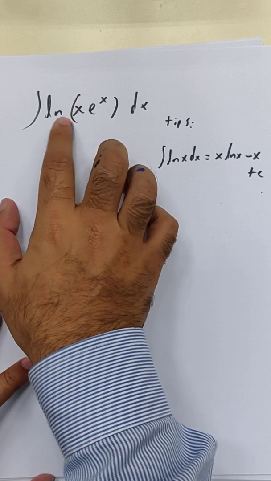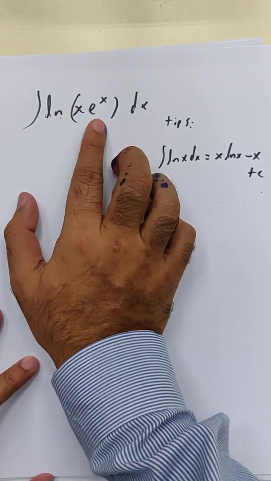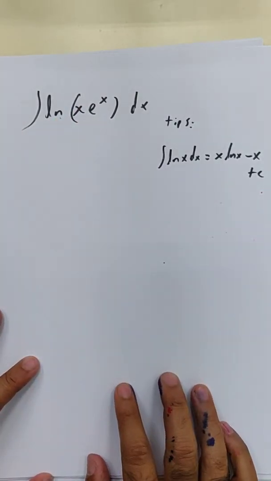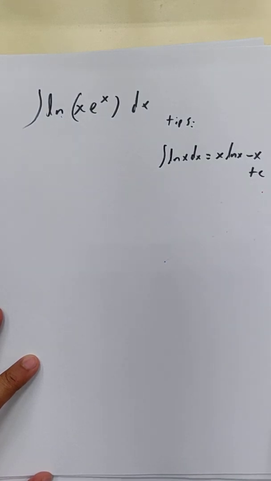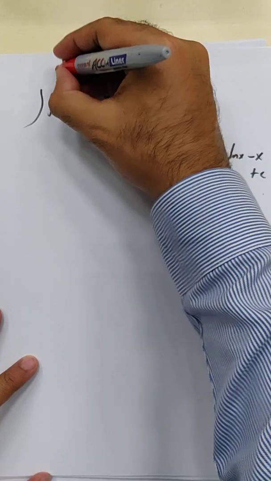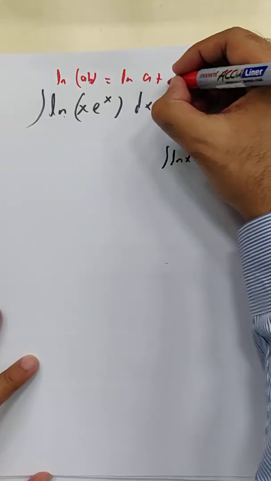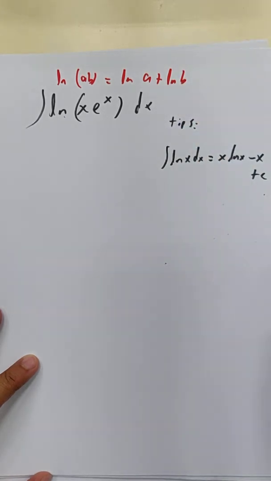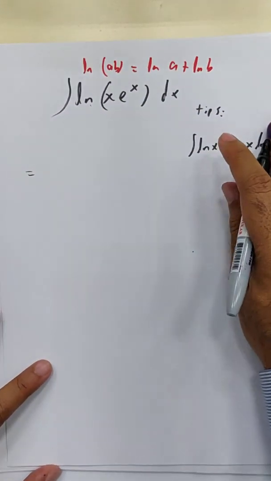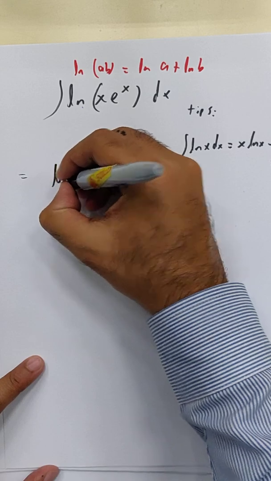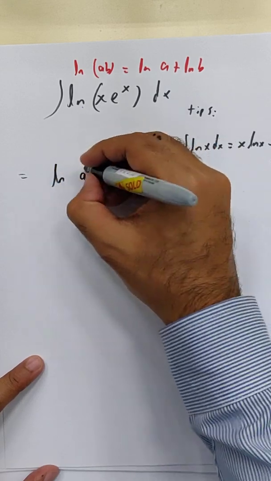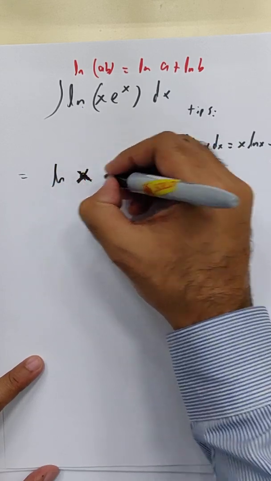But never mind, let's argue about this one. How do we integrate this part? Break them. This one follows from ln AB, which is ln A plus ln B. So yes, we break them apart. Sorry, or we split them apart.